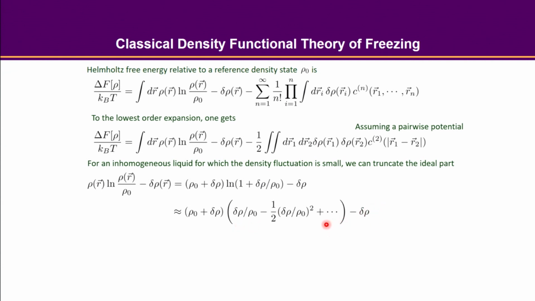And other than that, the lowest order will be the quadratic order of delta rho. So immediately you will get the leading order term is proportional to delta rho squared. So in the ideal part, the leading order is proportional to delta rho squared, and also the correlation or interaction part is also quadratic order, which makes sense because in the end you want to minimize the free energy, right? So the functional derivative with respect to delta rho should be 0.